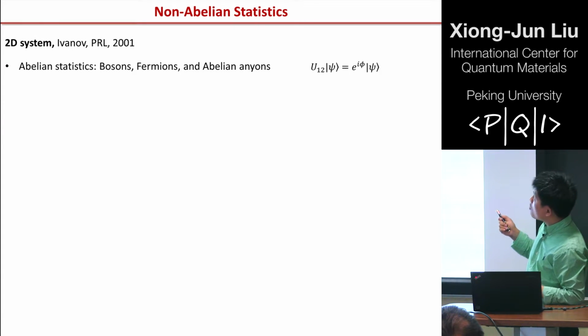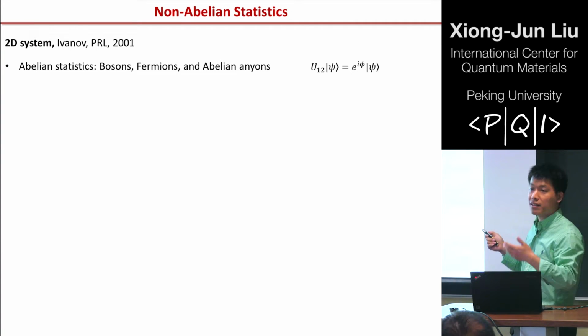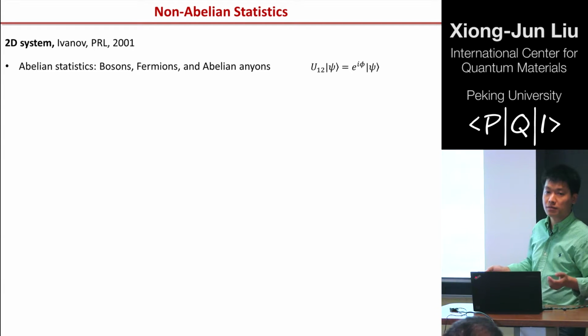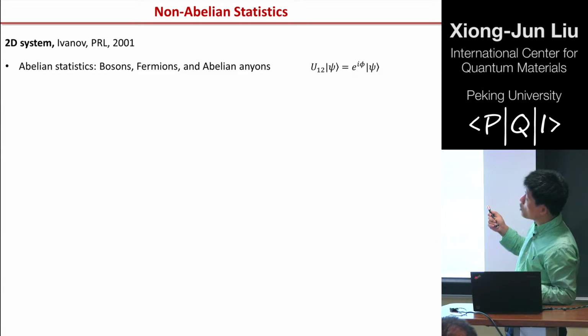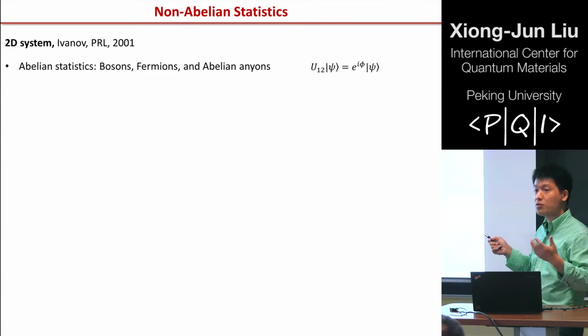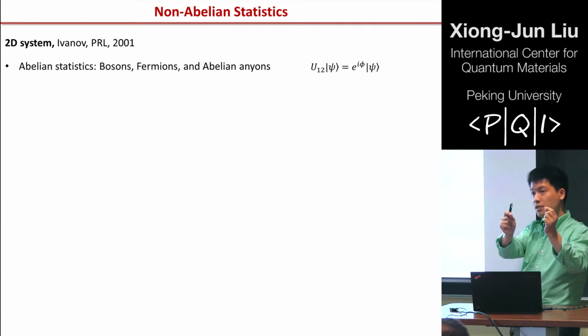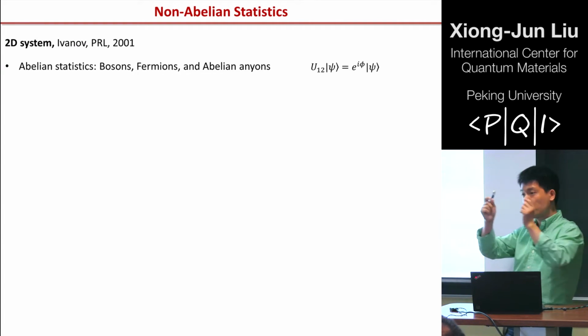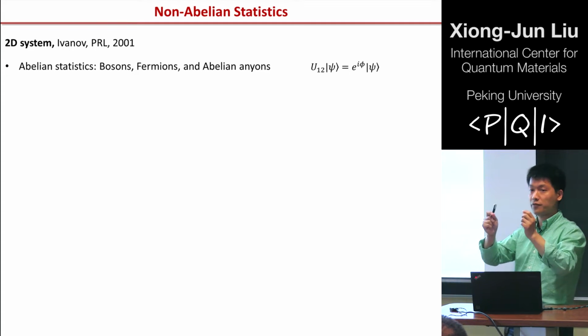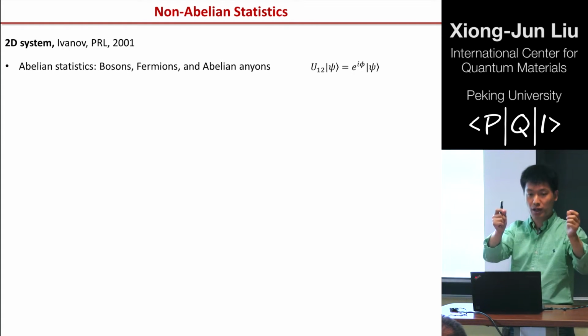For bosons the phase is 0. For fermions it's pi. For anyons it can be any kind of phase. But anyway, this is a U(1) phase, and U(1) is an abelian group. Therefore it's abelian. Namely, if you braid 1 and 2, and then 2 and 3, it's equivalent to first braiding 2 and 3, then braiding 1 and 2.